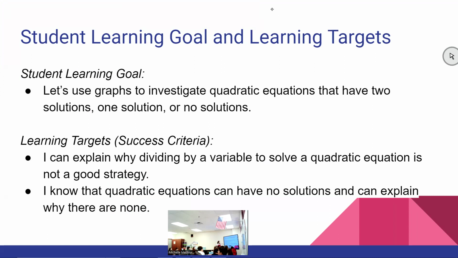By the end of it, you should be able to explain why dividing by a variable to solve a quadratic is not a good strategy. That is actually directly related to one of your constructive response questions. Also, you need to know that quadratic equations can have no solutions, and you need to be able to explain why there are none.